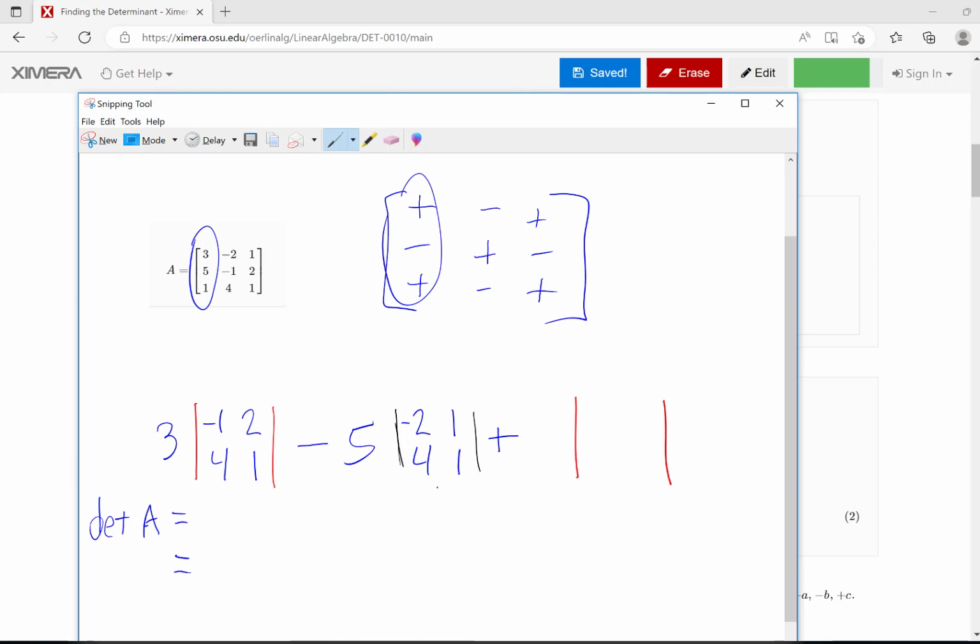Plus 1 times the determinant of what submatrix? Well, it would be -2, 1, -1, 2. Because again, if you don't want the things in the row or column with 1, then you're talking those numbers there. So we can work this out, and you can work out the rest and check that you're going to get an answer of 0.